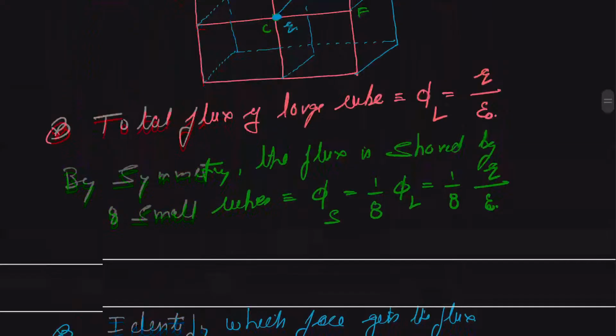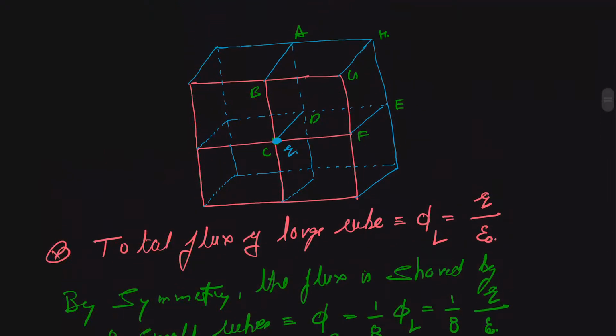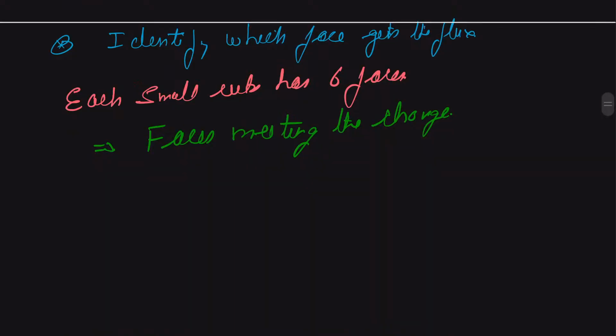And if you look closely, at this point C there will be a total of 3 faces associated with this vertex C. Basically, C means our charge. These are the faces meeting the charge, nothing but our 3 faces.